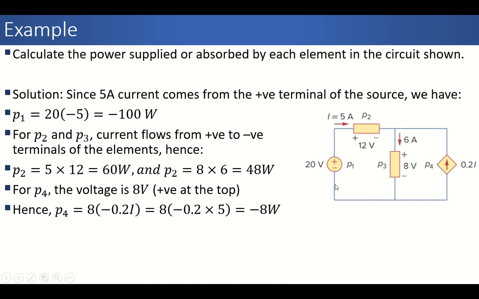So there are two elements or devices, the 20 volt source and the 0.2 I source, that are delivering the power, and the other two passive elements are absorbing the specified power.